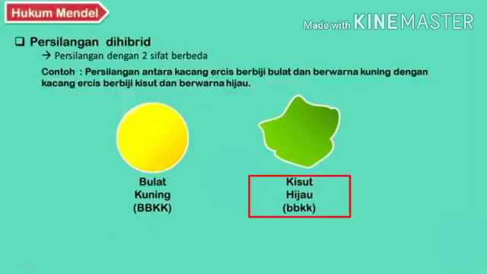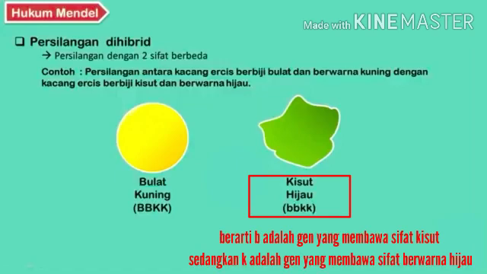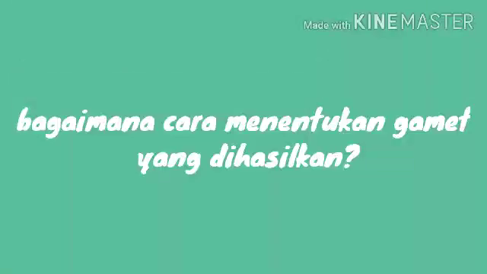Meanwhile, we denote the green wrinkle with bbkk. It means that B small is a gene that carries wrinkle traits and K small is a gene that carries a green trait. Before we do crossing, firstly we must understand how to determine the resulting gametes.